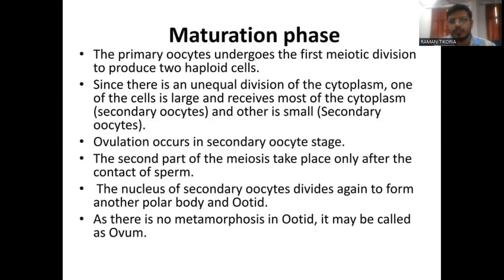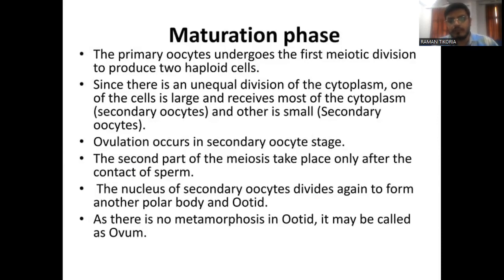Polarity changes from 2n to n. Since there is an unequal division of cytoplasm, one of the cells is known as the ovum and the other cell is known as the polar body. This is known as asymmetrical division.